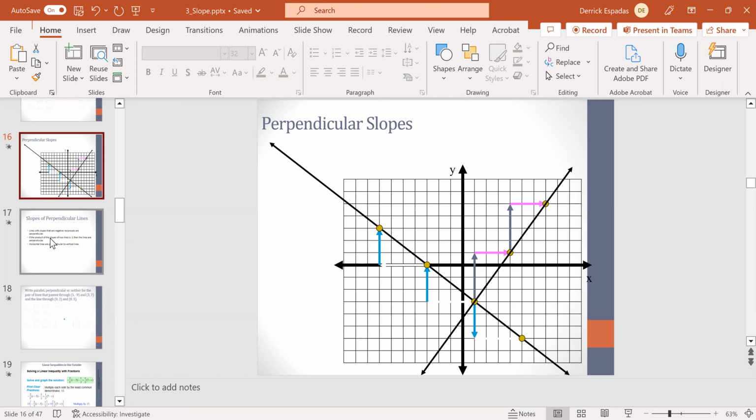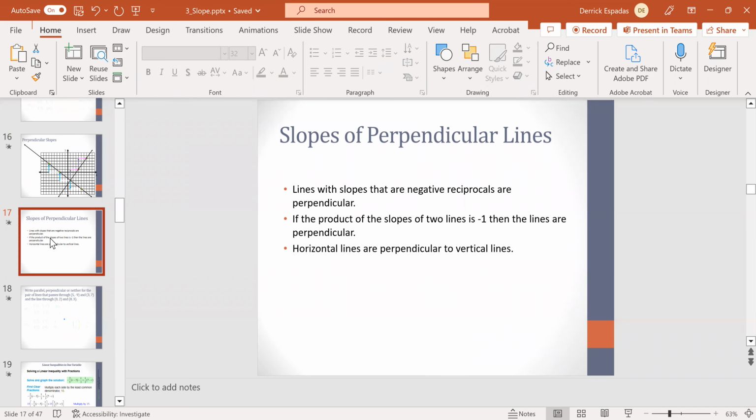So with two perpendicular lines, we're going to have slopes that are negative reciprocals. What a negative reciprocal is: let's just say I have one line that has a slope of 3. We're going to want to convert that to a fraction.